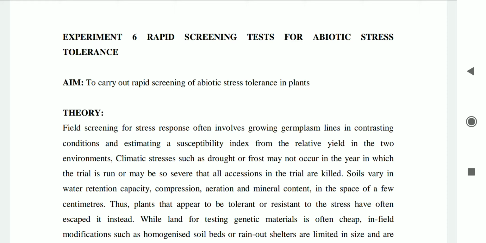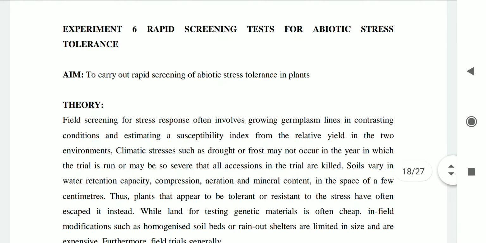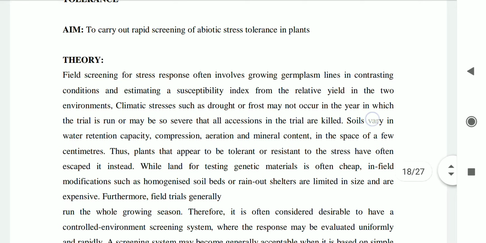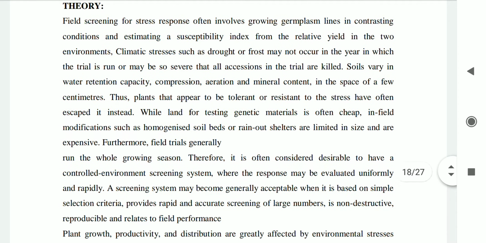So we have to develop such a method which can simulate the drought conditions and the highly saline conditions of soil in the lab. So that is why we are going to do the rapid screening test. As we have seen in the last experiment, abiotic stresses such as drought and salinity are going to affect plants.